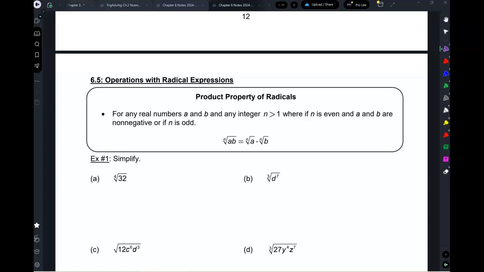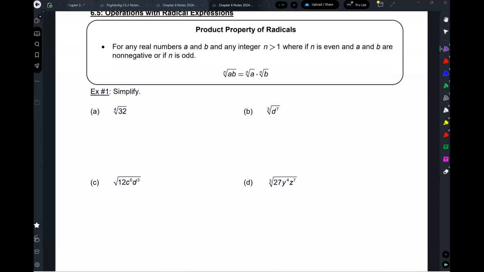Right, so in section 5, we are going to build on what we were doing with radicals and roots. If you have real numbers a and b, and an integer n greater than 1, then if you have the nth root of ab, you can split up that root and do the nth root of a times the nth root of b.